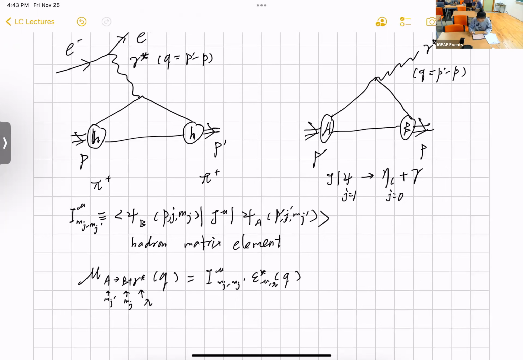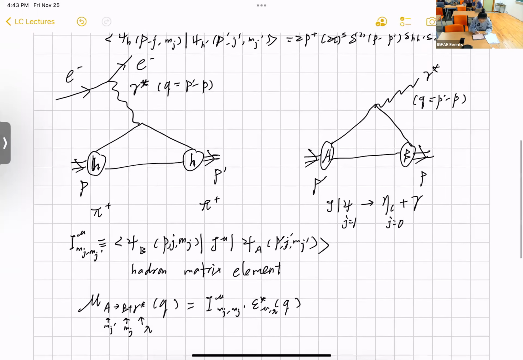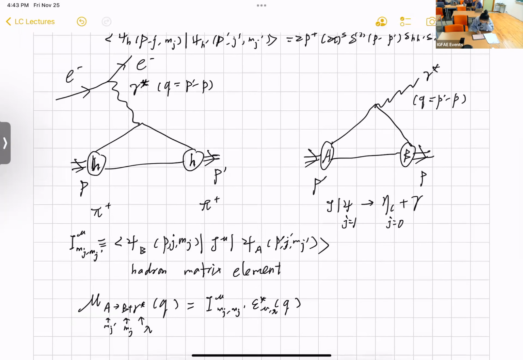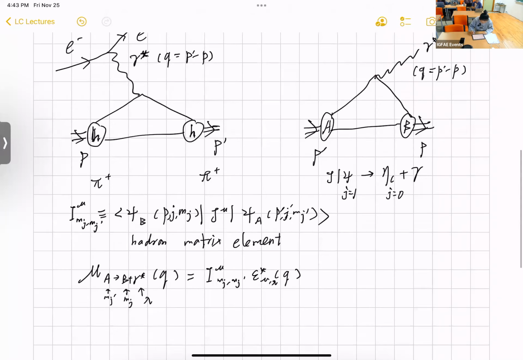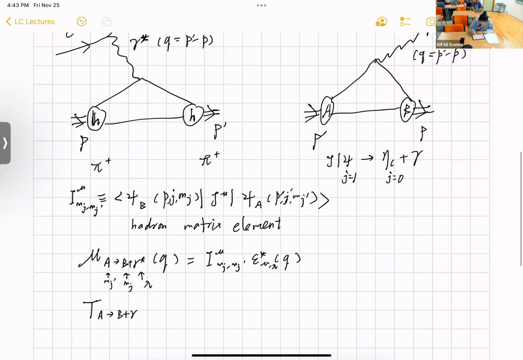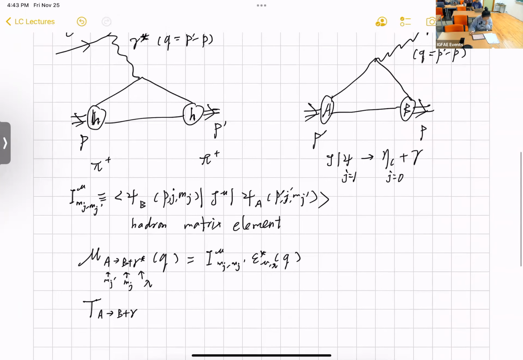Okay, so with the theoretical calculation with light-front wave functions, we can evaluate this I^μ and then the scattering amplitude. We want to compare with something that experiment could measure. What the experiment measures is actually the decay widths, for example, from meson A to meson B plus photon.